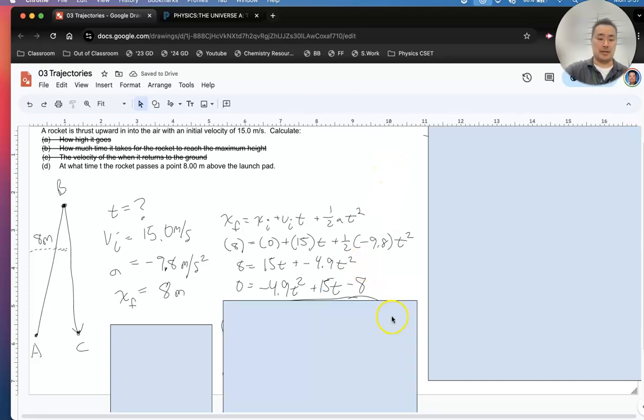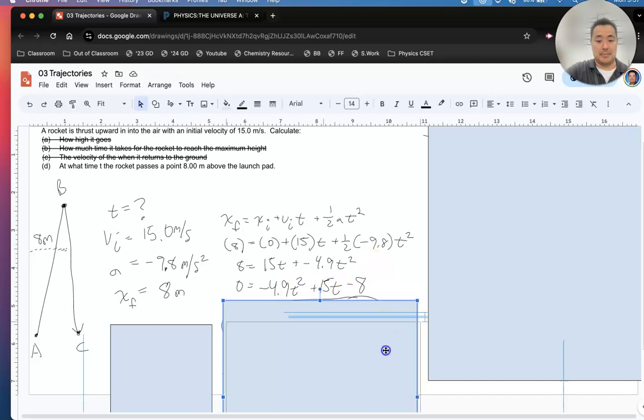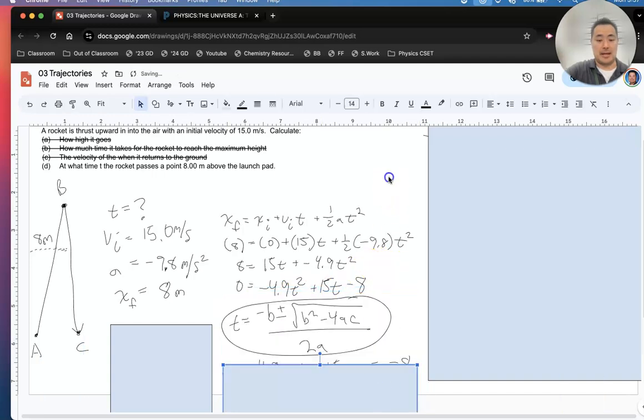Now we can use the quadratic formula to solve for time. If you recall from algebra, the quadratic formula is used when there is a 3-part expression that has a power raised to the 2, a power raised to the 1, and no exponent on the last expression. And we'll use the format negative b plus or minus the square root of b squared minus 4ac, divided by 2a.